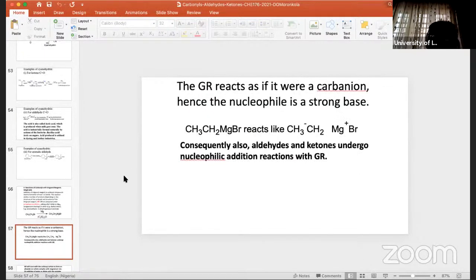The chemistry behind why it's so reactive is that the carbanion is on this side of the metal magnesium, and then we have the other side. So the Grignard reagent has the carbanion, which I've shown you here. Hence, the nucleophile is a strong base all the time. Consequently, aldehydes and ketones undergo nucleophilic addition reactions with this Grignard reagent.